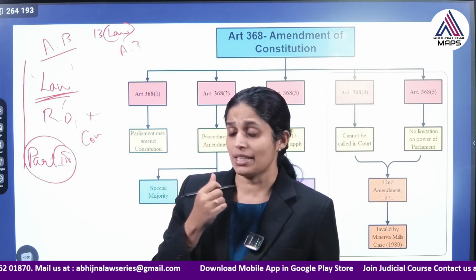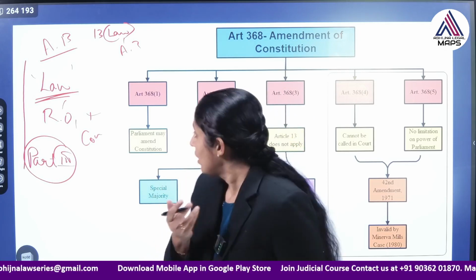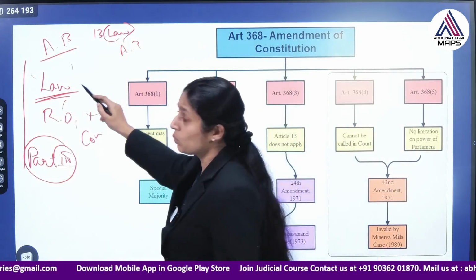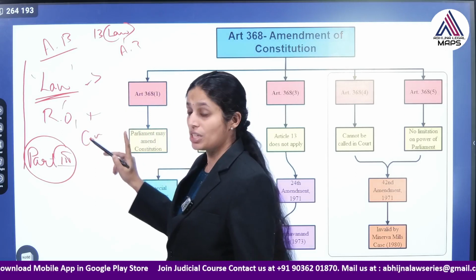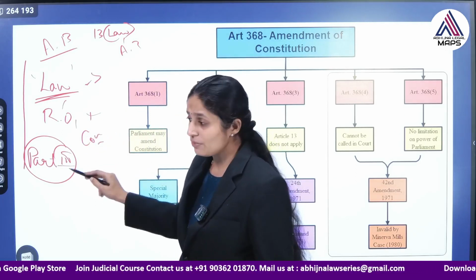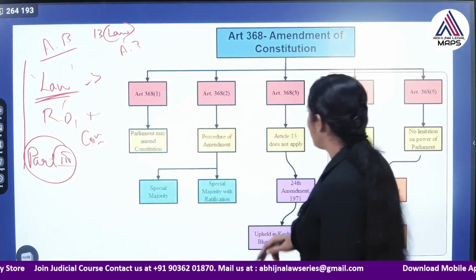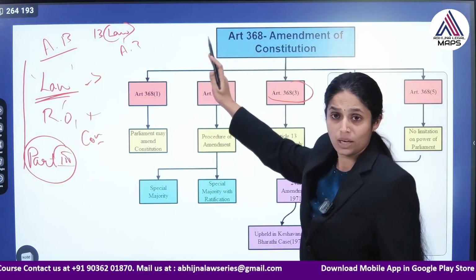Later the Golaknath case came. In the Golaknath case, it was held that a constitutional amendment is also included in law. So the state cannot make any constitutional amendments affecting Part 3 or the fundamental rights. Article 368 was earlier to the Golaknath case.